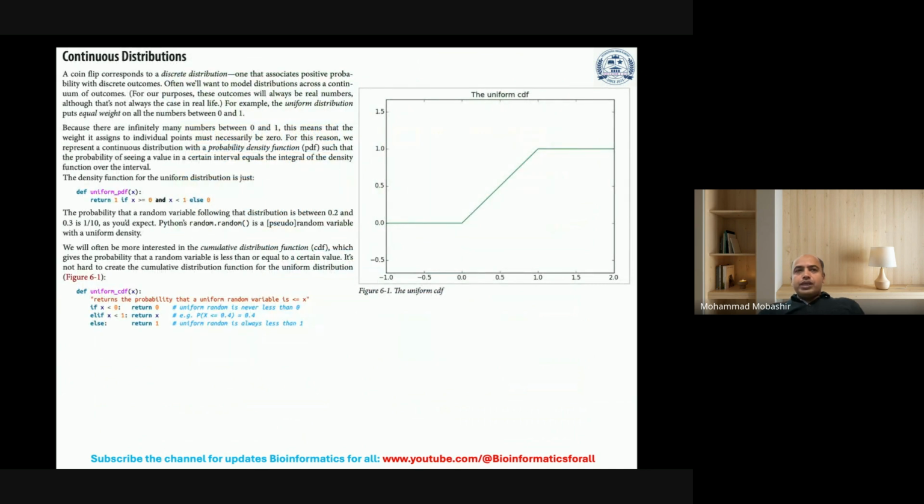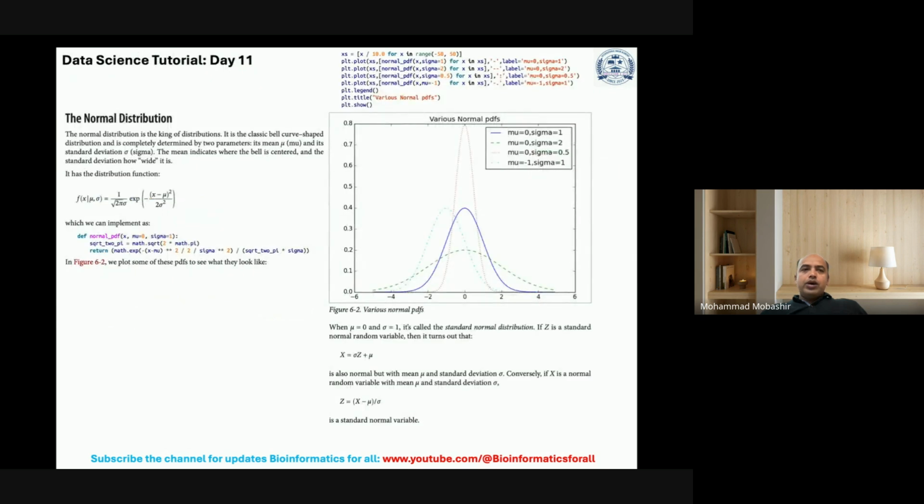Now, if you want to understand further how the continuous distribution could look like, you can see here. And this has been presented in the way of the cumulative distribution function or CDF. And for this purpose, you can also write your own Python modules. Now, another repeated term is coming, normal distribution, which we have learned in the previous lectures also.